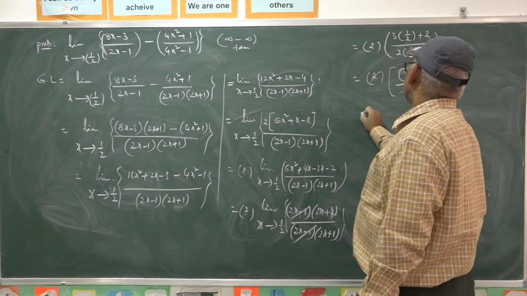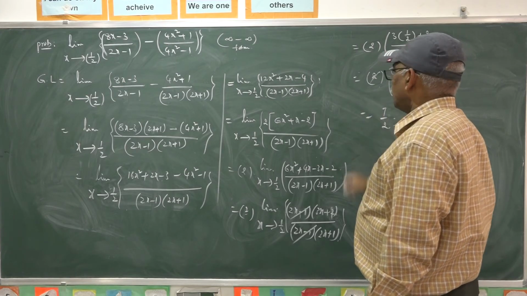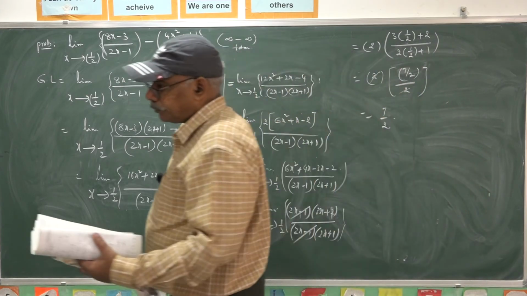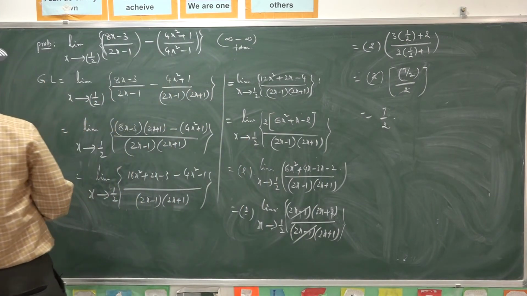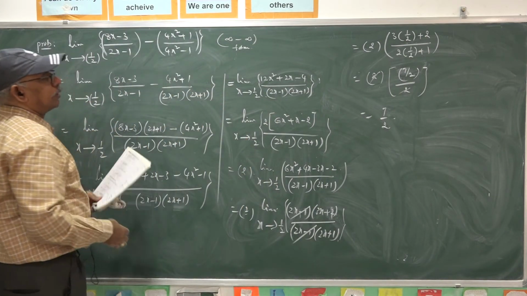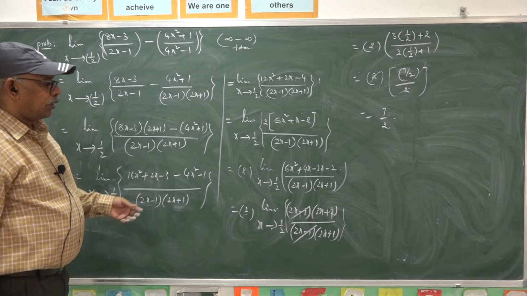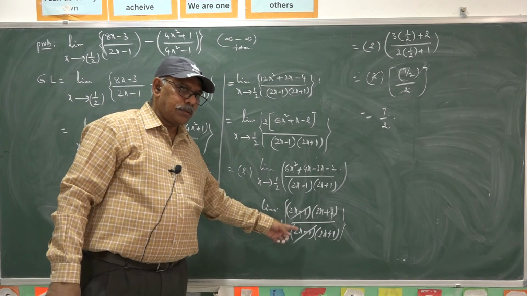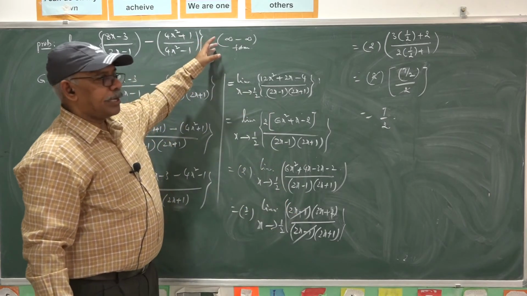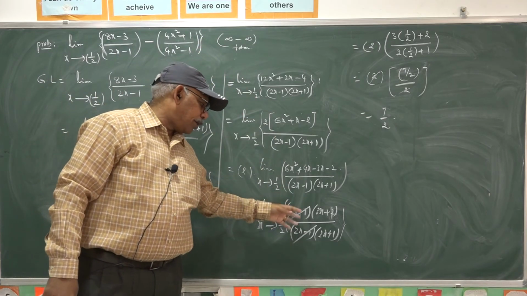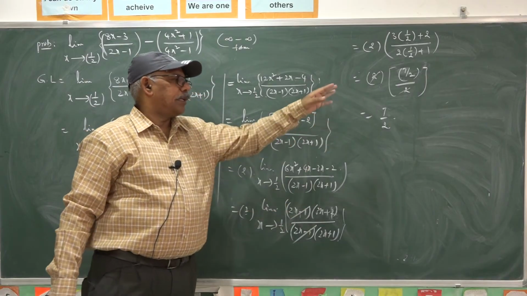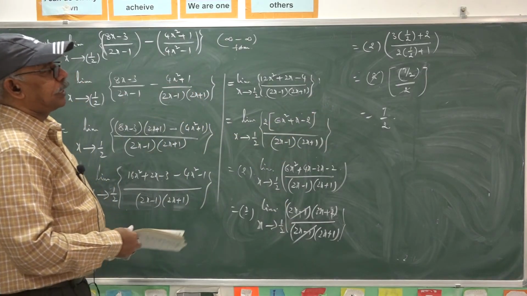These 2 cancel. So the required limit is 7 by 2. So by proper simplification, you may remove the common factor which causes the indeterminate form. By removing that common factor, you can apply the limit and get the limit. That is the procedure here.